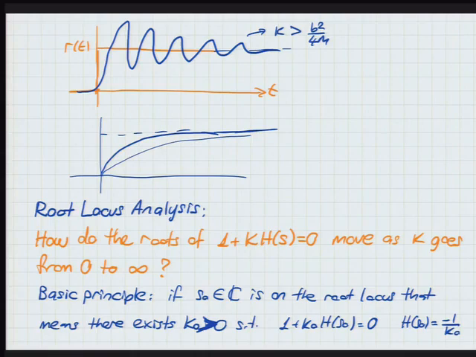So that gives us a very simple principle to determine if a given point on the complex plane is on the root locus or not. Is h of that number a negative real number or not? So what's the signature of a negative number? If I look at the phase of that number, what is it? 180 degrees, pi or minus pi, they're all the same, right?